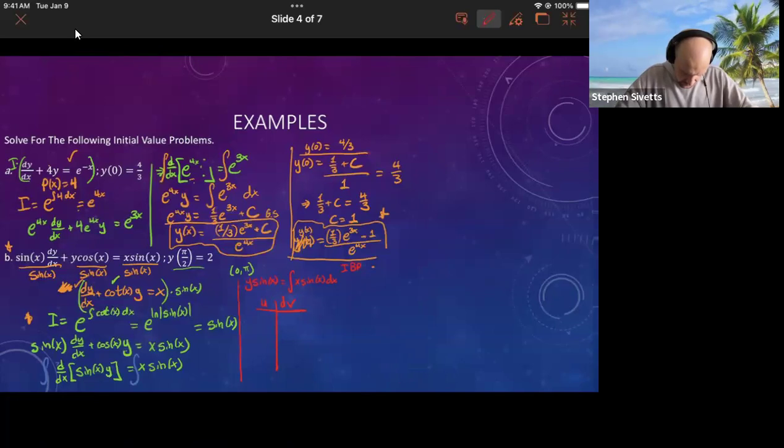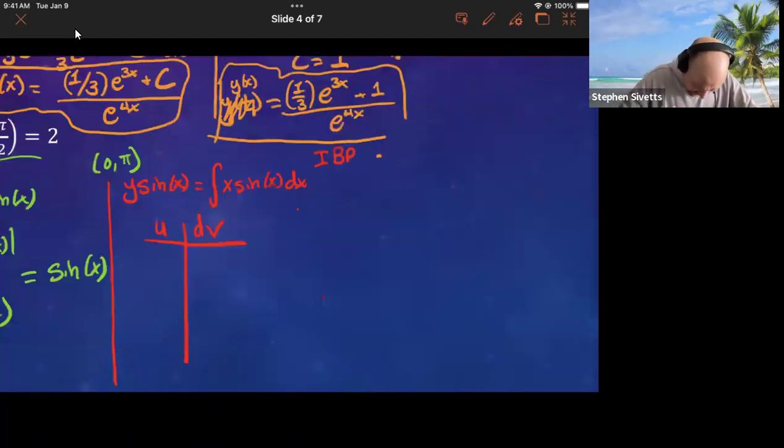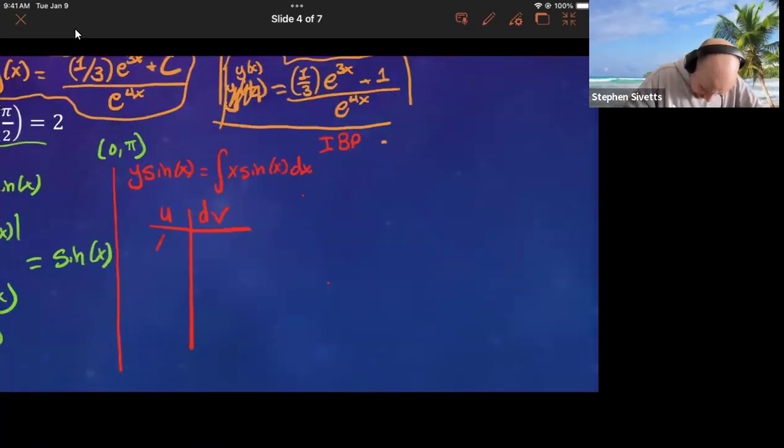So I want to choose u as x and then dv as sine of x. On the left-hand side, we differentiate x, so it'll be 1 and then 0.